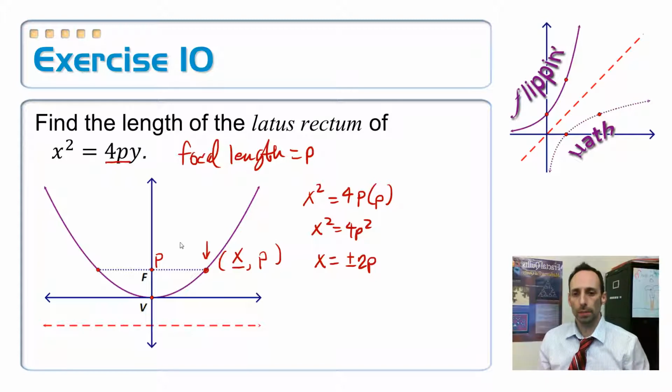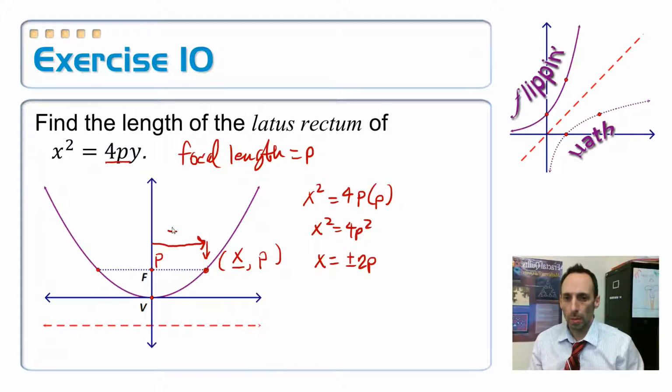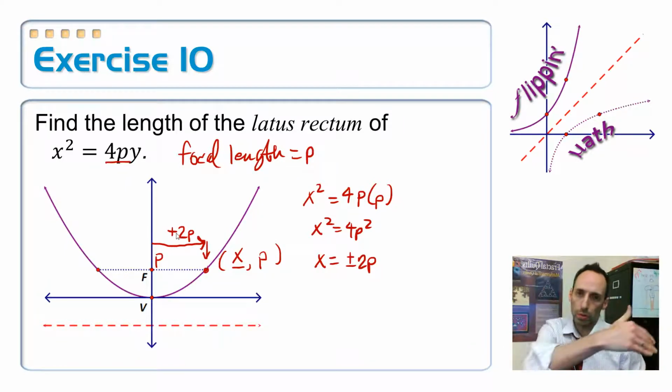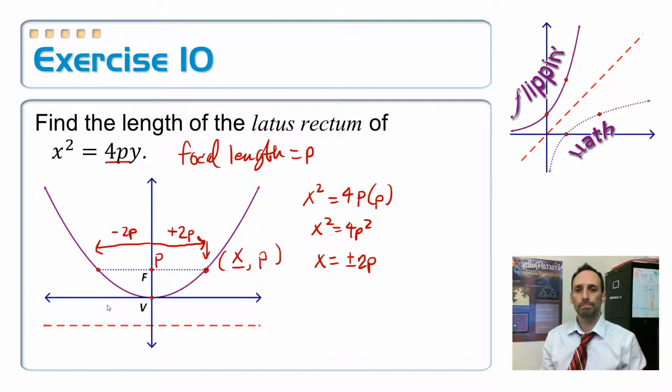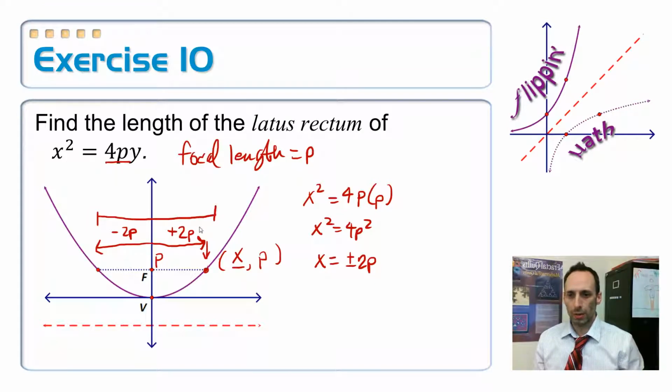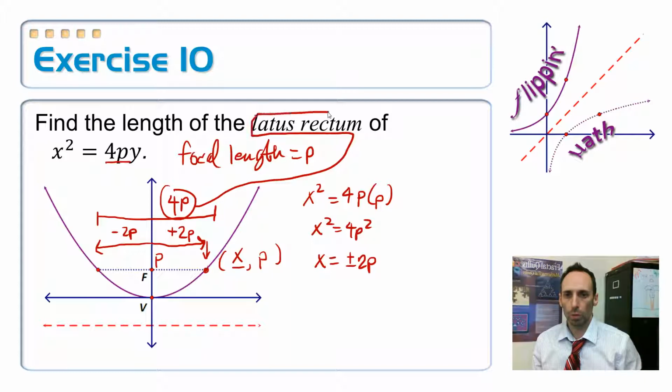The x-coordinate for this latus rectum is plus 2p, so we go to the right 2p, and minus 2p, so we go to the left 2p. It's 2p on either side. So its whole entire length is 2p plus another 2p, which is 4p. The latus rectum length is 4p.